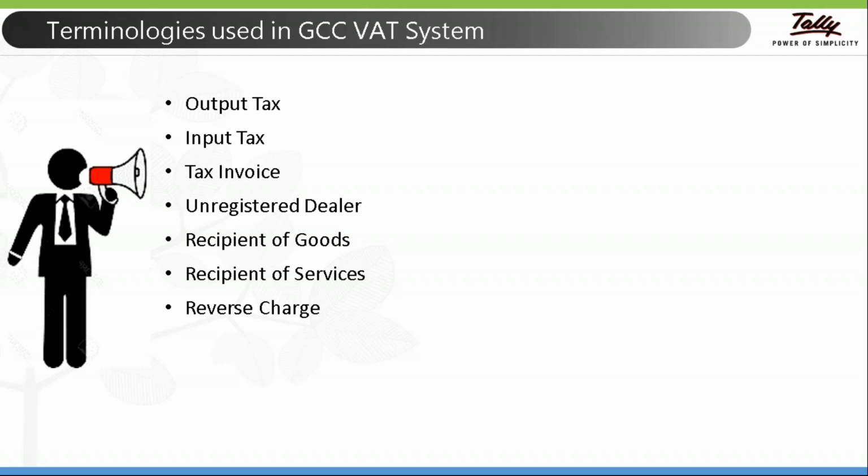As it is my purchase, I will be able to avail the input tax credit to the extent of the tax which I have paid to the department. So this is called reverse charge, where the tax is paid by the recipient instead of the service provider or the seller. This happens in case of imports and purchase of goods and services from an unregistered dealer.